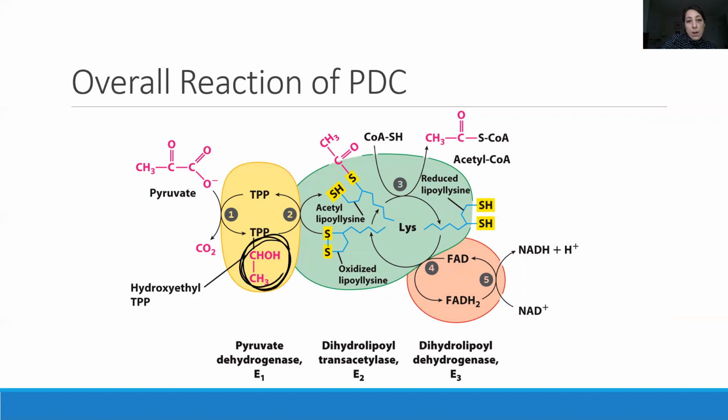You can see where our carbon and oxygen were right here is going to bond onto the sulfur, reforming our carbonyl. So again, it looks just like the end of our pyruvate did prior, but now it's attached directly to this lipolysine. The lipolysine is now reduced, right?